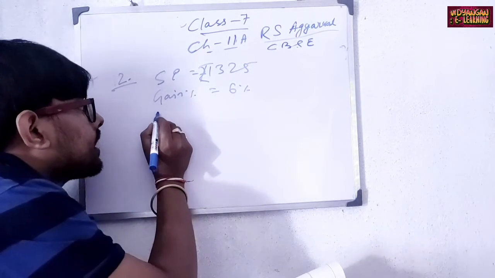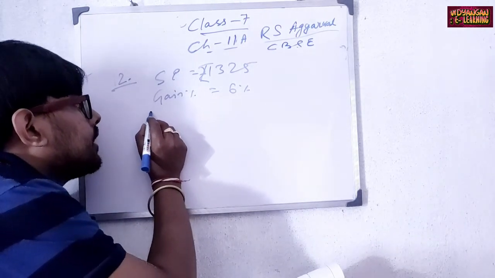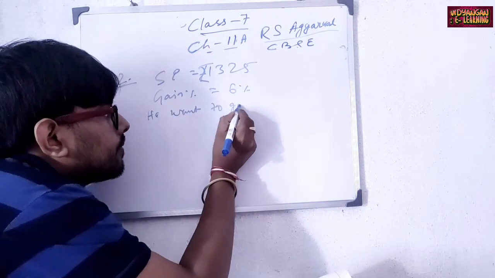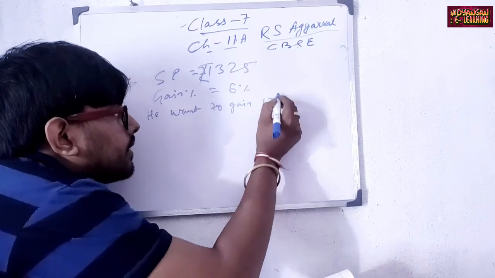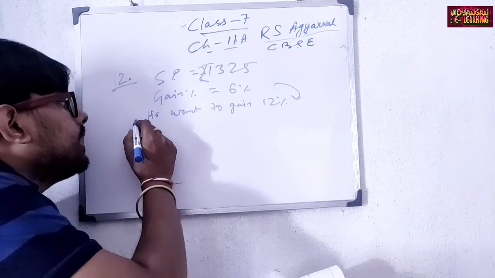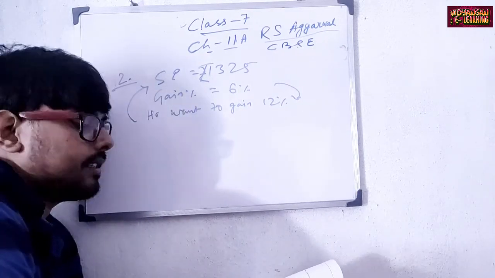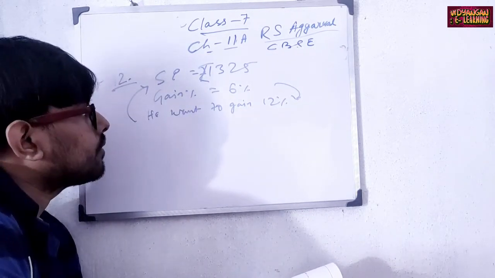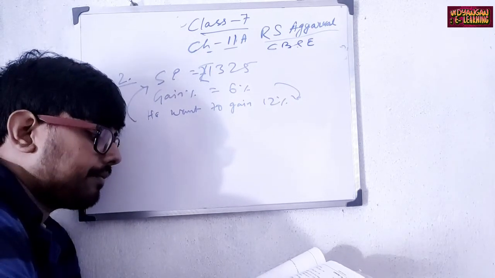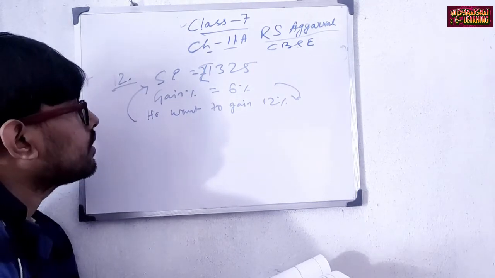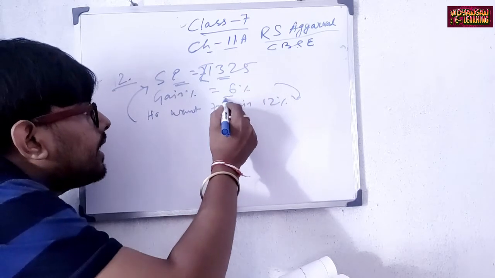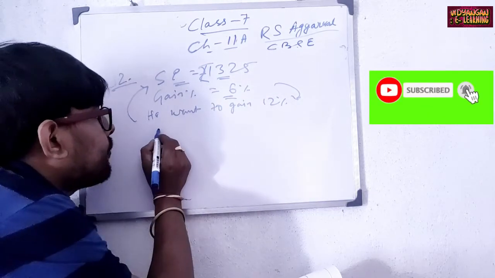The question asks that he wants to gain 12% instead of 6%. So he must sell it for a higher selling price. For how much must he sell it? When selling price and gain percent are given, we can find the cost price.